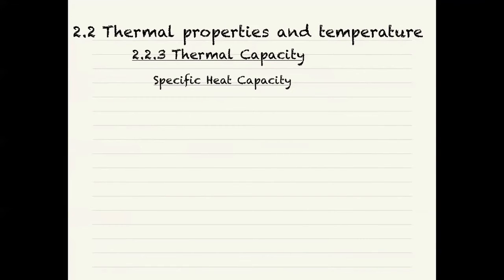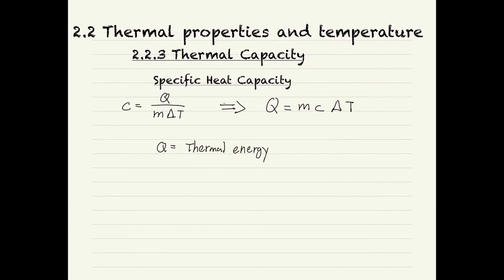Specific heat capacity, the formula is c equals Q over m delta T. But normally we will write this formula in this form: Q equals mc delta T. Q is thermal energy. Unit is joules, J. m is mass.